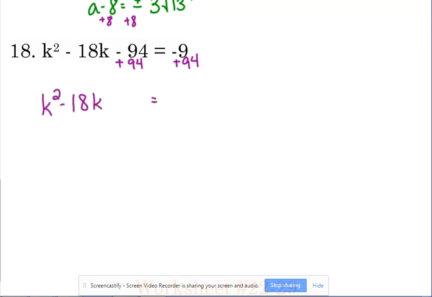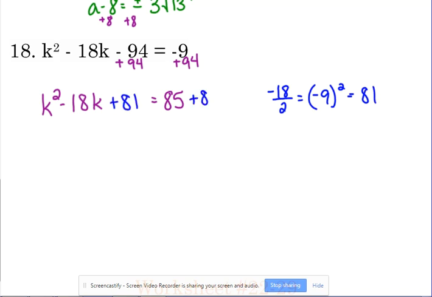So 94 minus 9 is 85. Okay, let's come over to the side, complete the square. Negative 18 divided by 2 is negative 9. Negative 9 squared is 81.